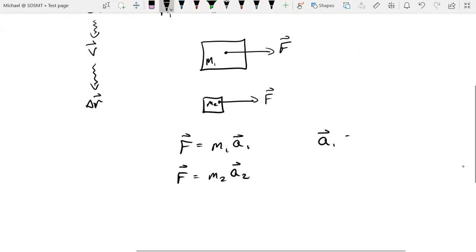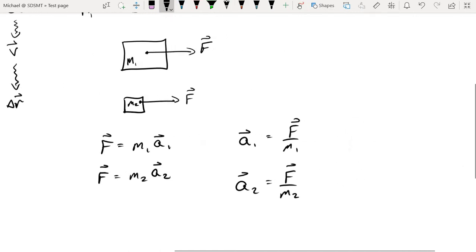But this means that the acceleration of mass 1 is based off of the ratio of force to mass, and the acceleration of mass 2 is based on the ratio of force to mass.